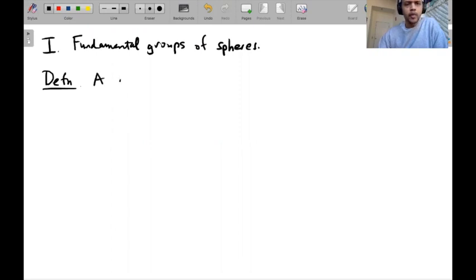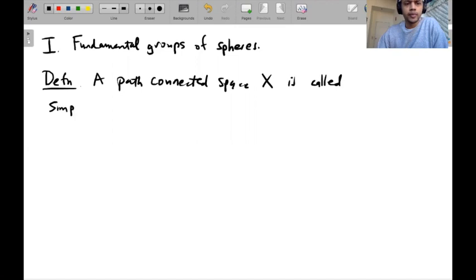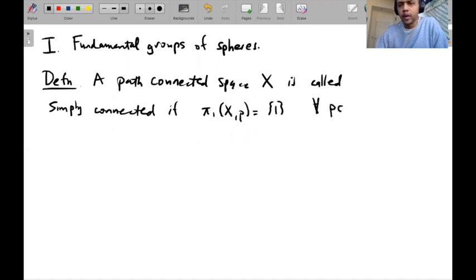A path connected space X is called simply connected if its fundamental group is trivial for every point P in X.